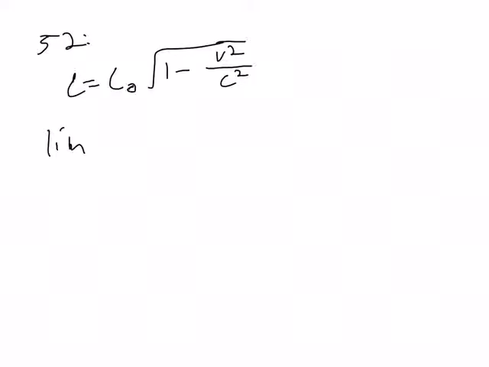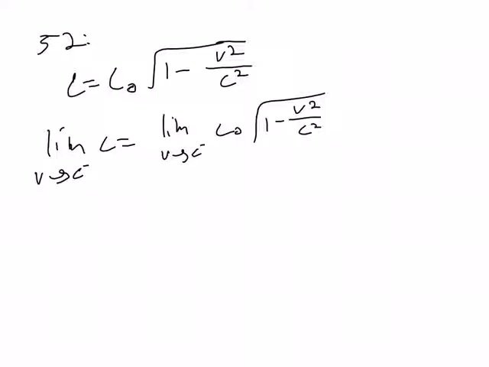as V approaches C from the left, the speed of light, so our velocity is approaching the speed of light, of L. Well, this is equal to the limit, as V approaches the speed of light from the left, of L0 times the square root of 1 minus V squared over C squared.